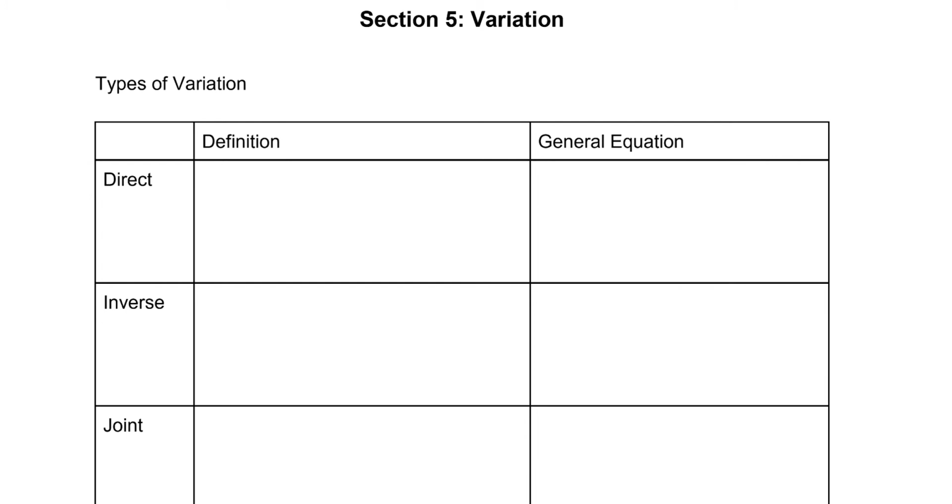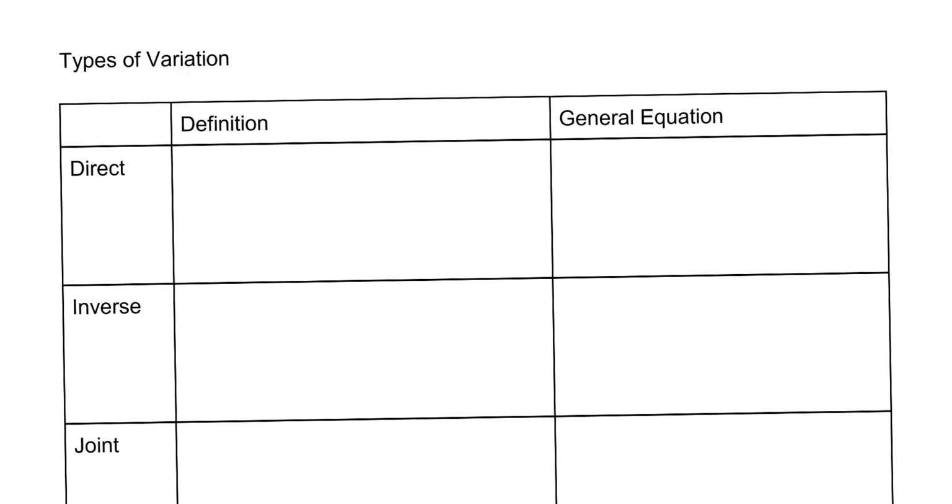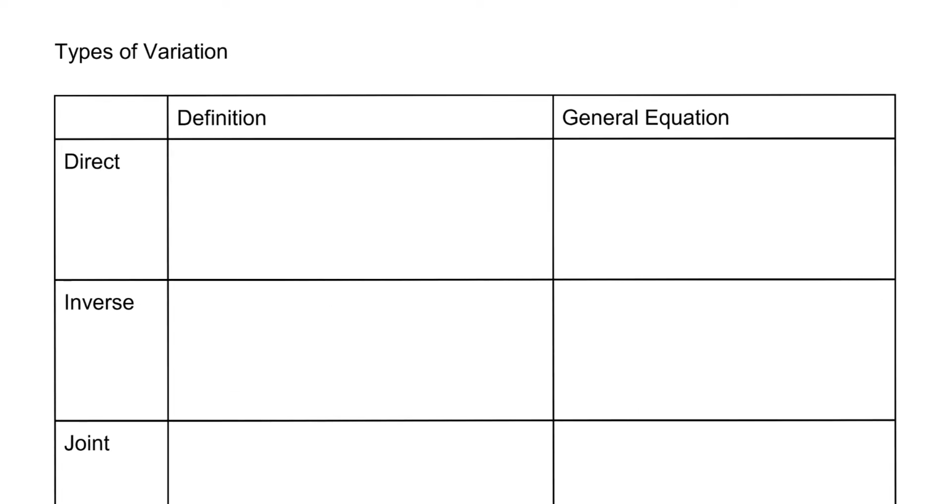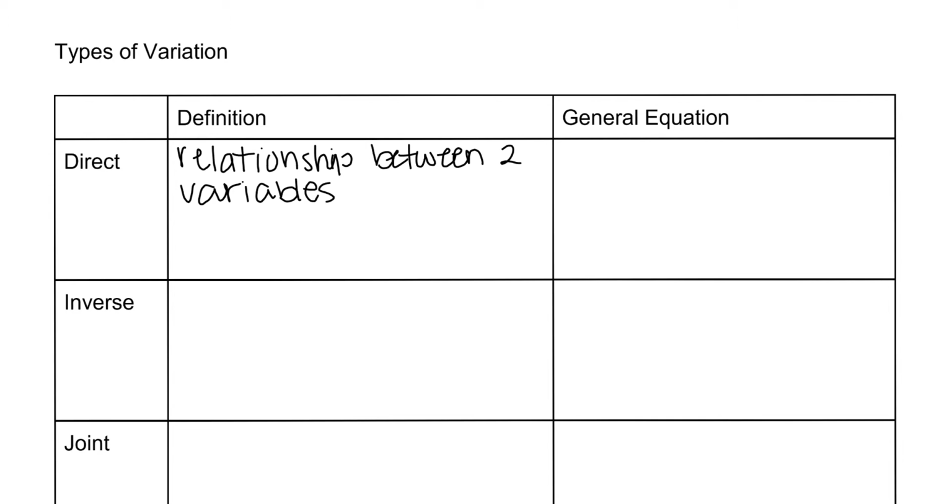So when we talk about direct variation, we're talking about a relationship between 2 variables in which one is a constant multiple of the other.